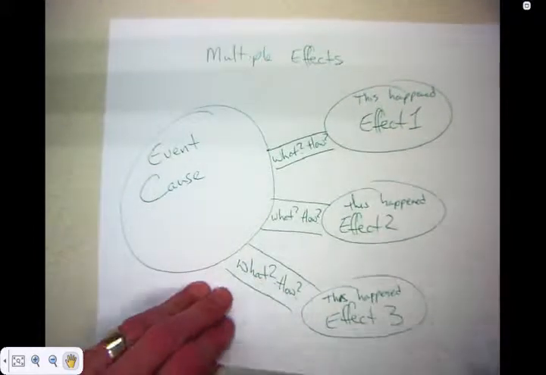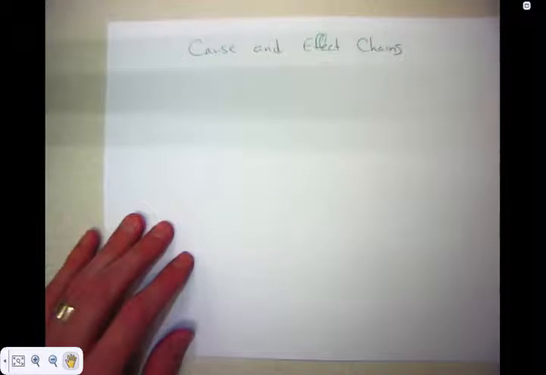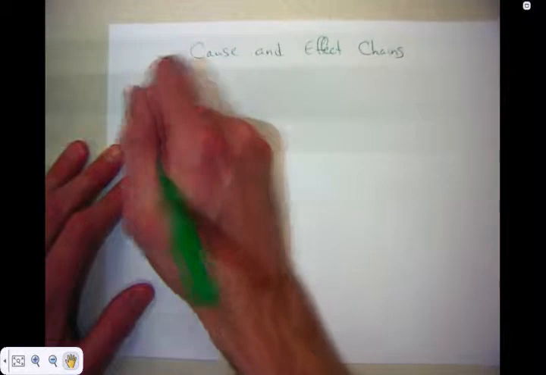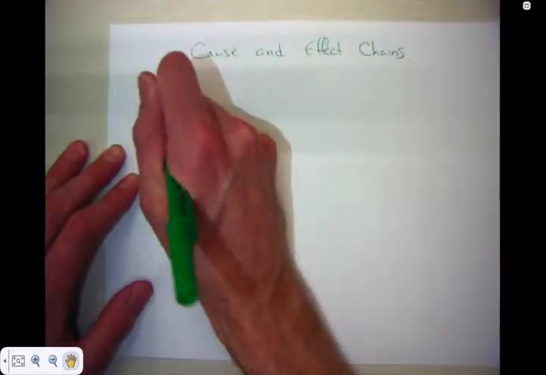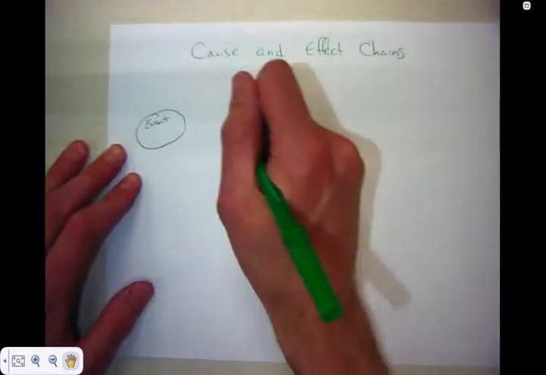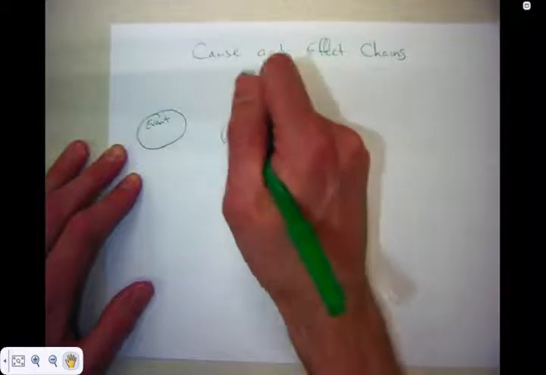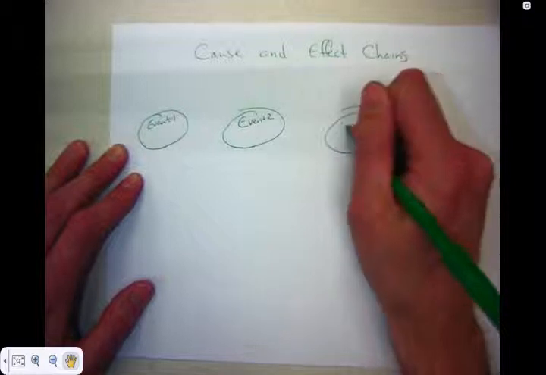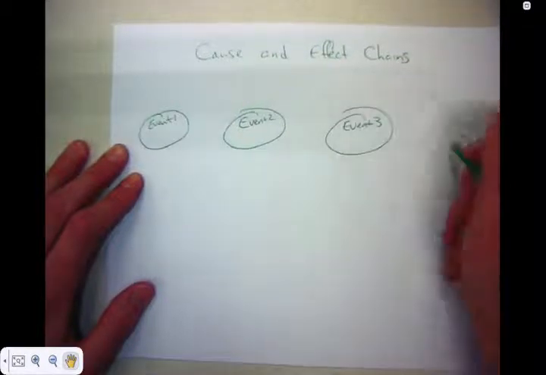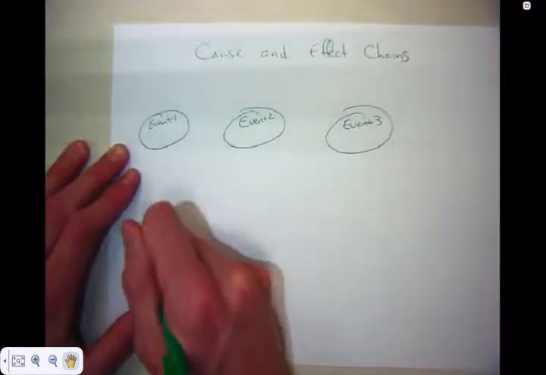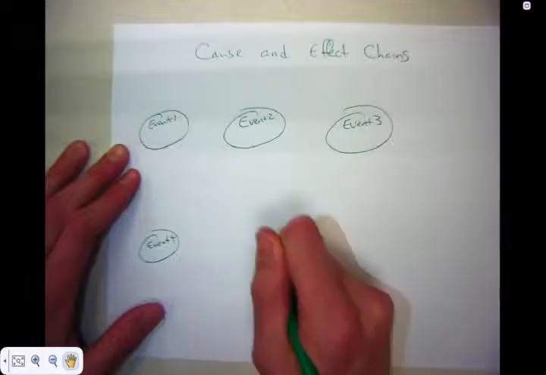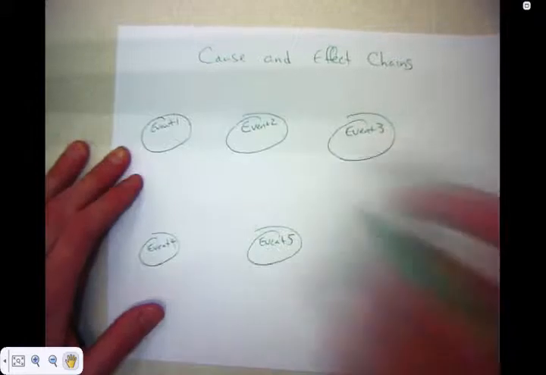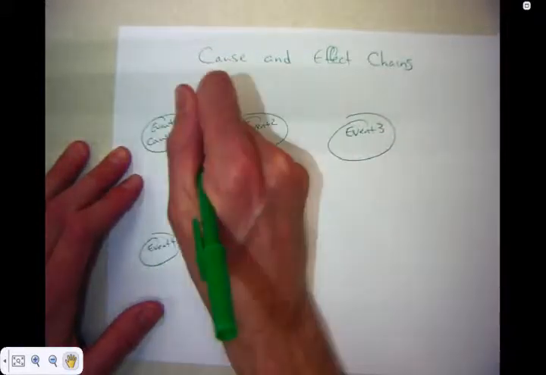Sometimes too, we have what we call a chain of cause and effect, right? So I might notice that something happens, and then I notice that there's an effect of it, right? We call this event 1, event 2, event 3, event 4, and event 5. I think, aha, this was a cause for this, right?